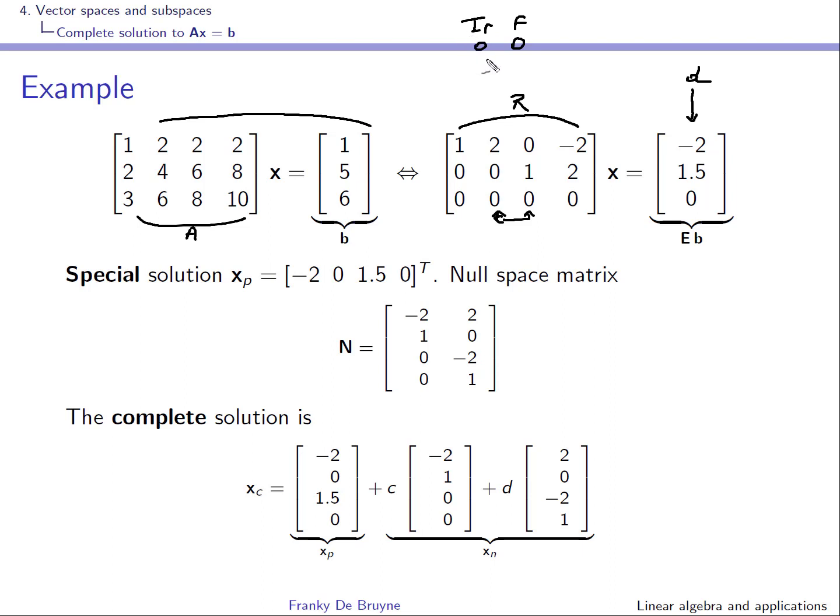Okay, so it's easy to obtain the matrix N. So you write minus F, in our case it will be minus 2, 2, 0, minus 2, 1, 0, 0, 1. And then you swap things, and this was my temporary N, and the final N is given over here. Okay, so can we now find the particular solution?